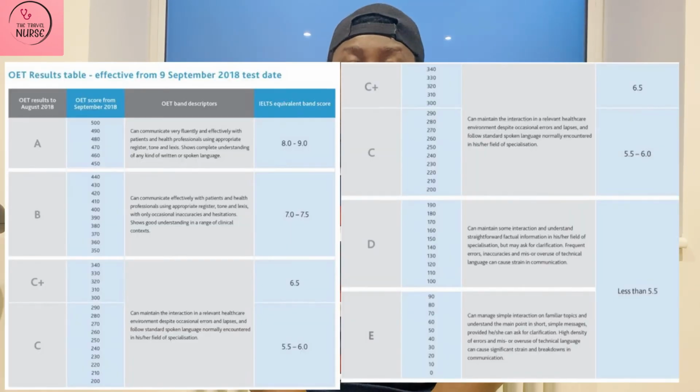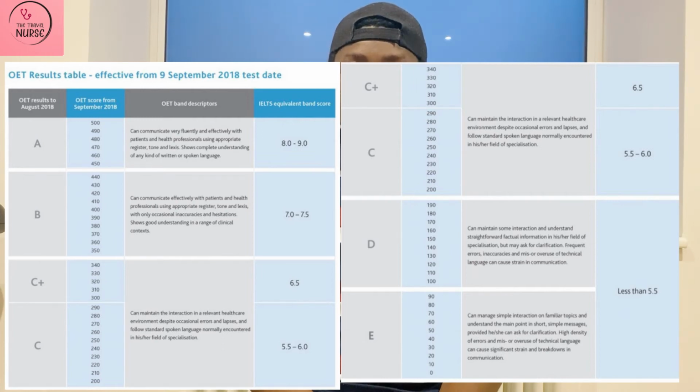So they mark in hundreds or in tens, with the highest being 500. When you score 450 to 500 marks, then you get an A, or 8.0 to 9.0 for IELTS.